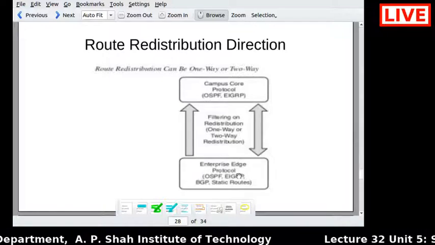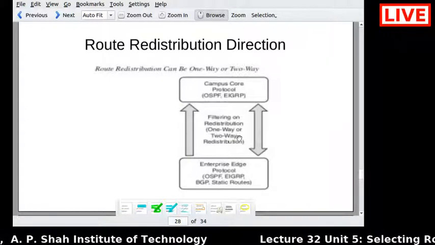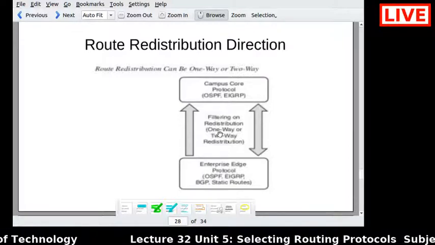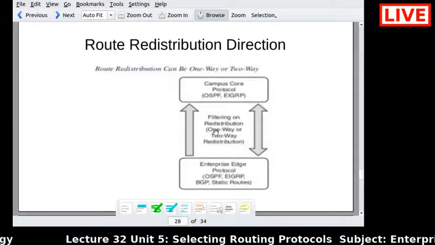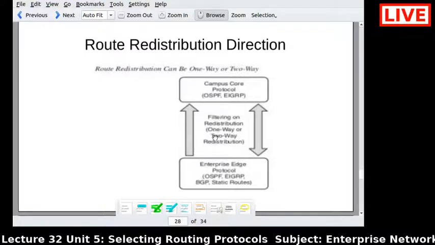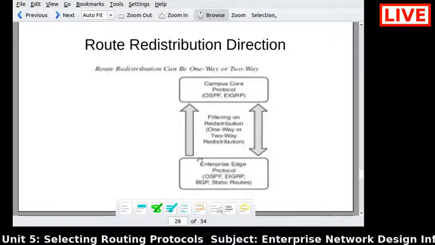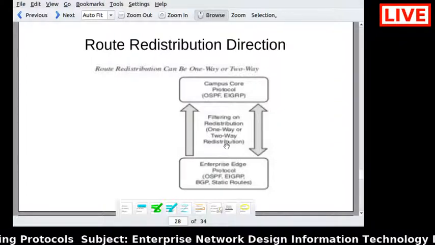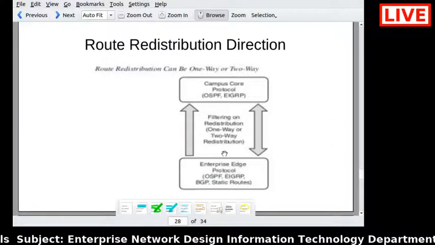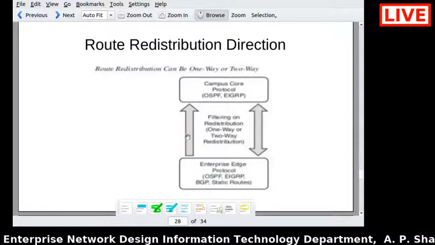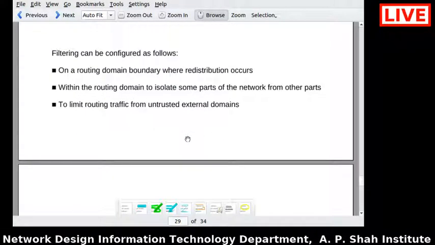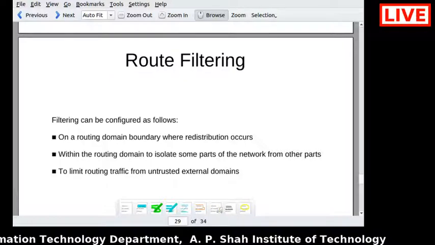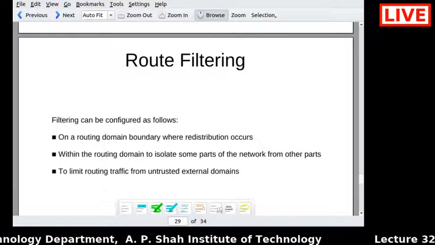Therefore we do not use a default route or a static route there. So there are two possible ways for redistribution: one-way and two-way redistribution. You need to keep that in mind as far as route redistribution is concerned.